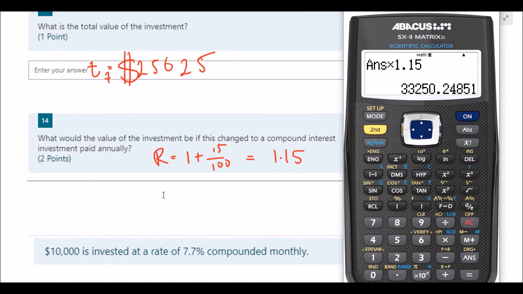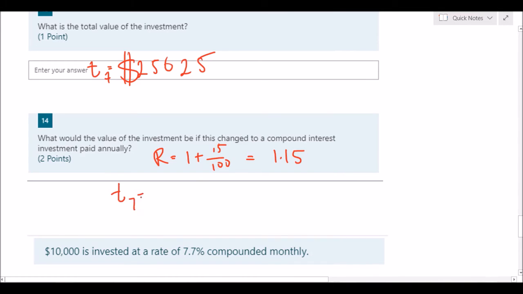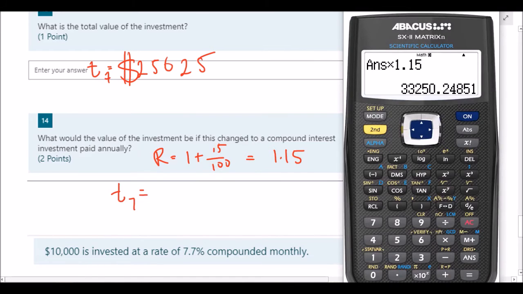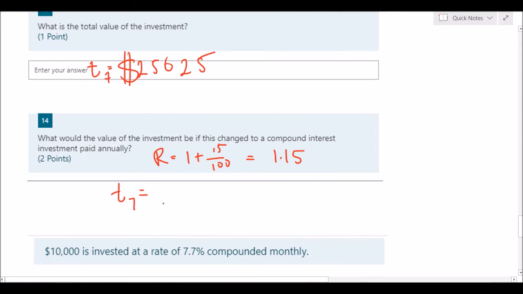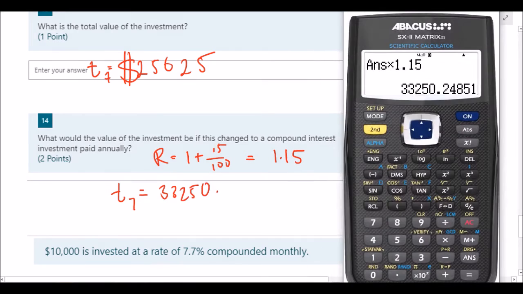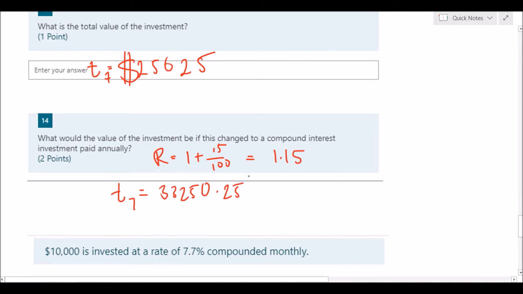So on the 7th year, the amount will go up to 33,250.25, which is a lot more than what he would have gotten if he went with simple interest. As you can see, simple interest, compound interest.